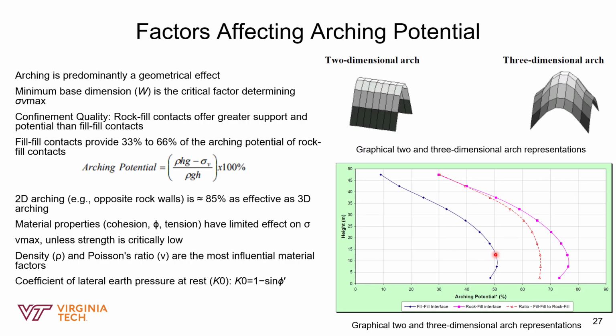However, when you are filling against other backfill, the fill walls provide only about 33% to 66% of the arching potential you get from actual solid rock. So rocks provide better arching potential: when you backfill against rock, you get higher arching potential than when you backfill against another backfill.